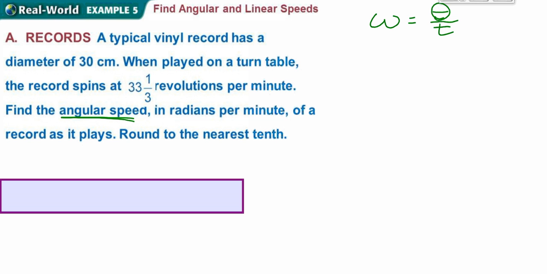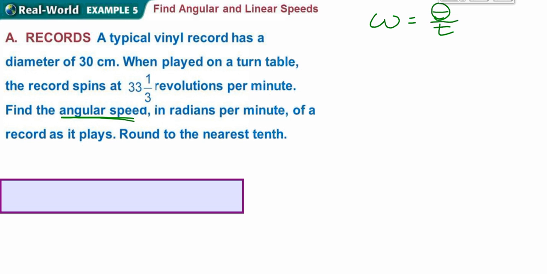And this is going around in 33 1/3 revolutions per minute. So if I want the angle that goes, 1 revolution is how many radians? If I just go around one time, that's 2 pi. Do we agree? That's 360 degrees, or 2 pi.